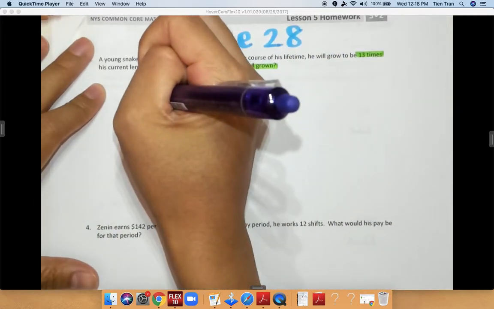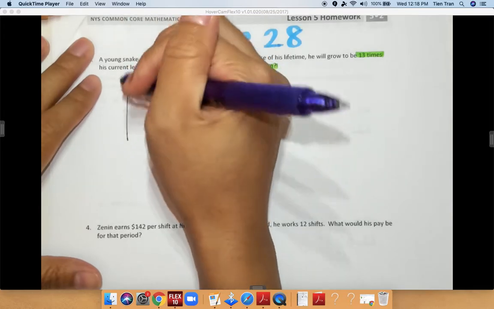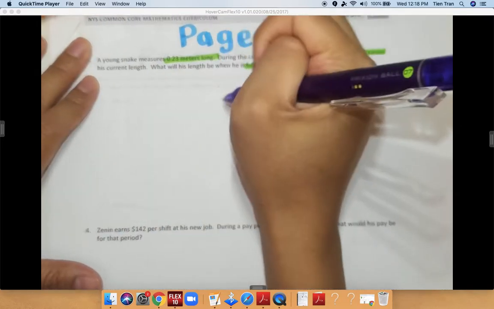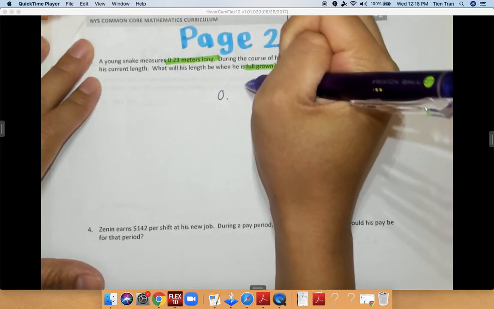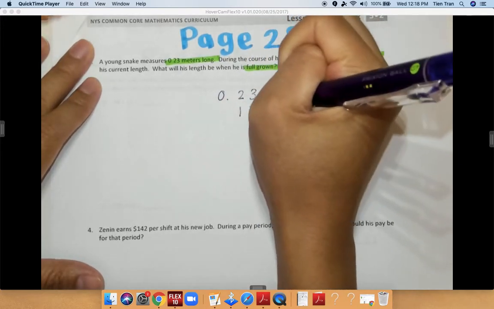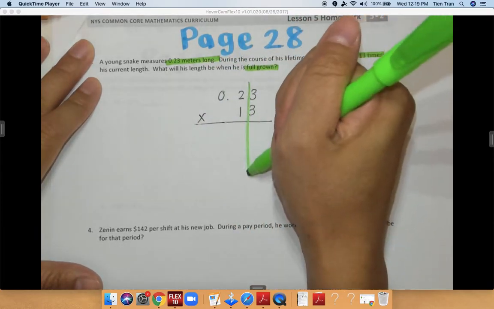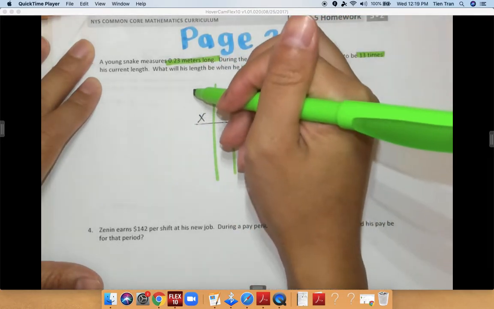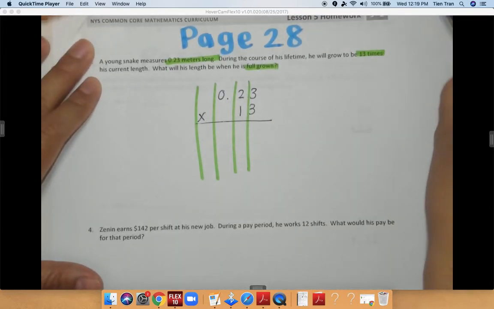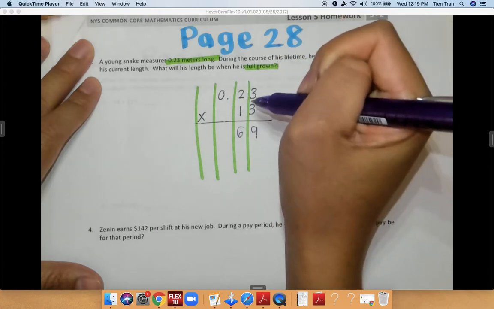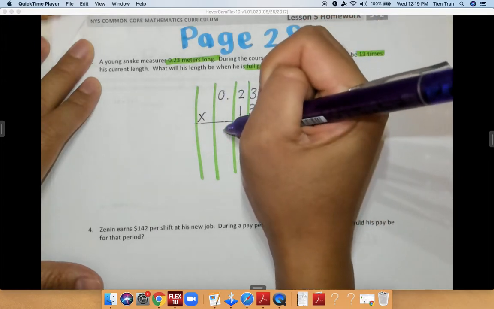So I am going to either use an area model or I can use multiplication. In this case, I'm going to use standard form. So I'm going to multiply 0.23 times 13. And I'm going to draw my lines because that really helps me see where all my numbers are supposed to go. 3 times 3 is equal to 9. 3 times 2 is equal to 6. 3 times 0 is equal to 0.